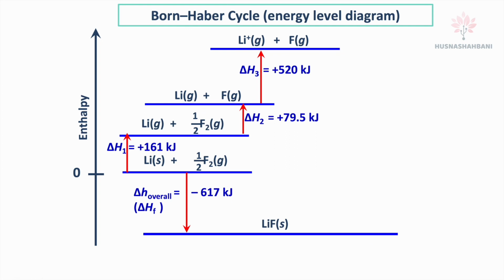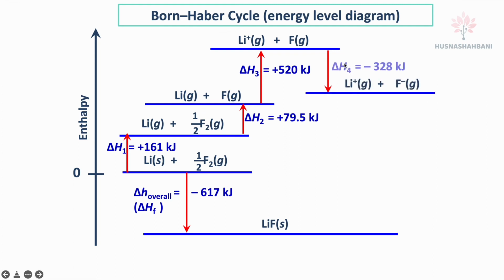After we ionize Li, we have to ionize F. In order to ionize F, we need electron affinity. The electron affinity value has a negative sign. If the value is negative, the arrow for electron affinity must point downward.